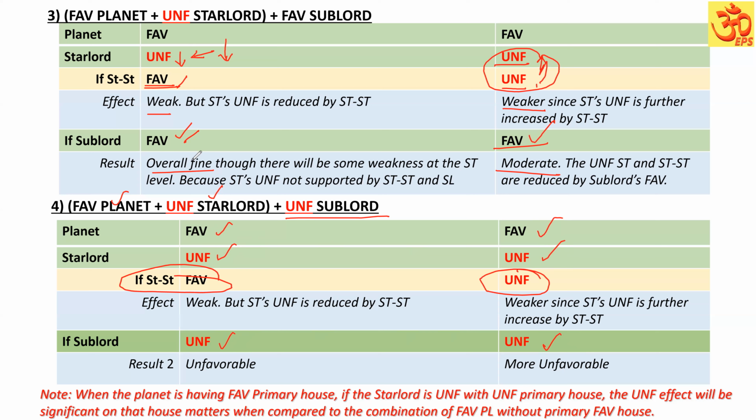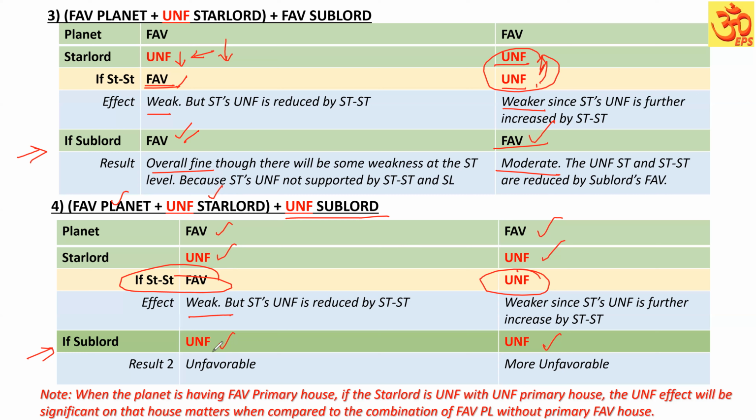Here, in the third option, the combination is the same up to the planet, star lord and star lord of the star lord, and the difference only lies with the sublord, right? When the sublord result is favorable, overall it is fine or moderate. Now here, the planet is favorable, the star lord is unfavorable, and the star lord of the star lord is favorable, so it is weak, equal to the previous combination.